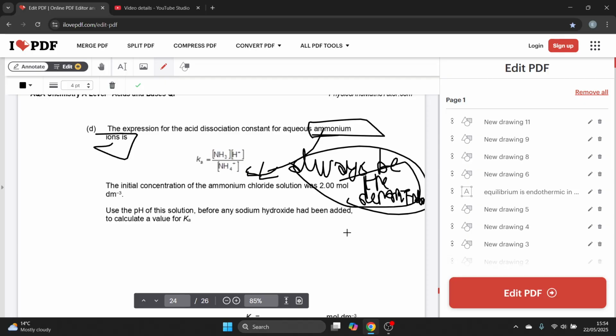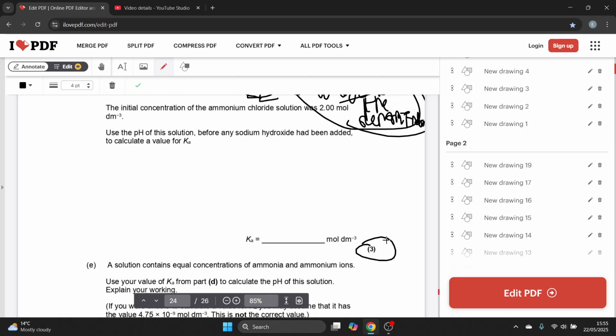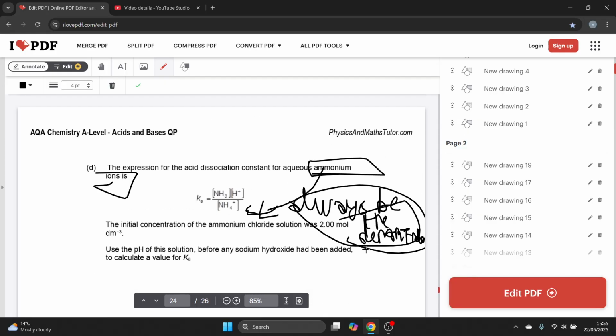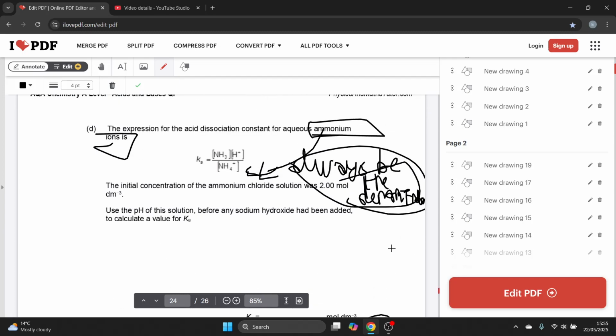The initial concentration of ammonium chloride solution was that. Okay. First things first, check how many marks it is. Always check, because if it was like 6 or 5, then I'm like, okay, what I'm thinking isn't going to be right. Because I was thinking of about a 2-3 step process, which would get me the answer. But if it's 6 marks, it's got to be 4 or 5. So always check the marks.